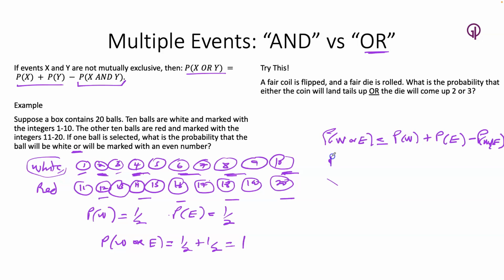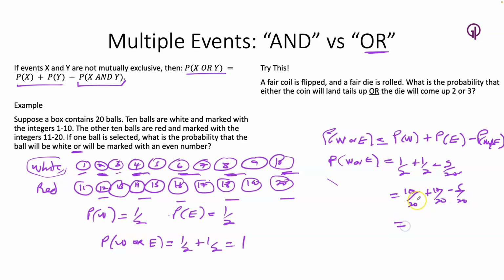So here we can say this will be half plus half minus 5 over 20, or we could have said 10 over 20 plus 10 over 20 minus 5 over 20.